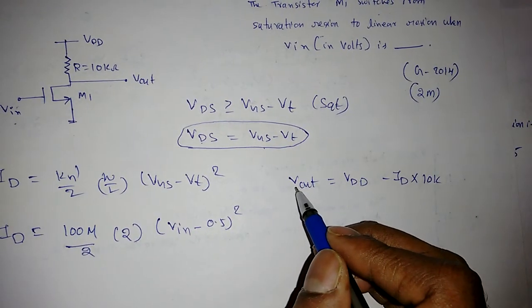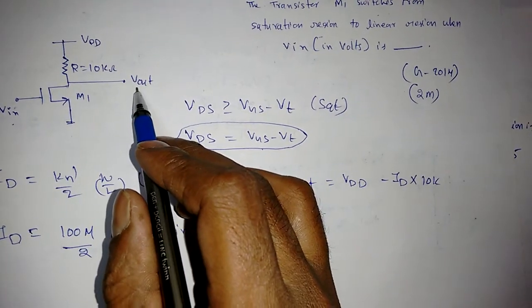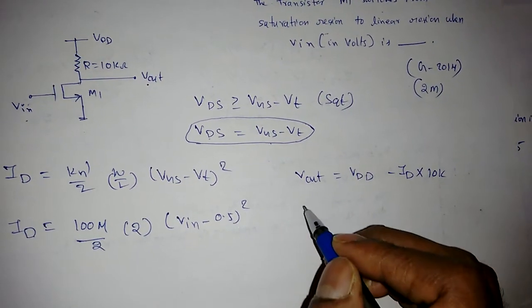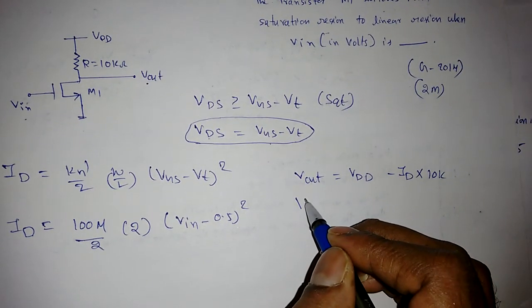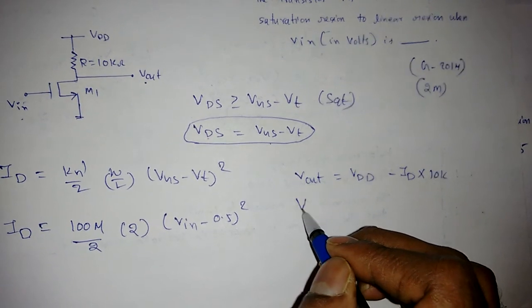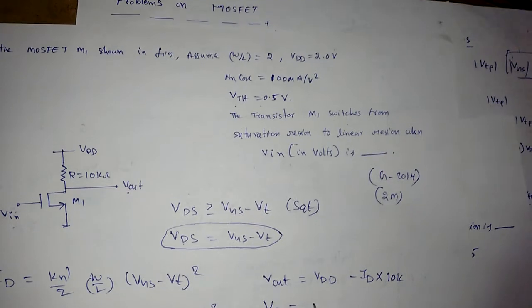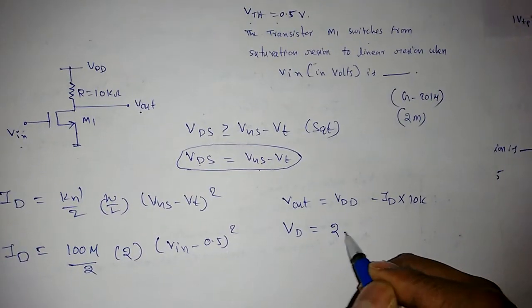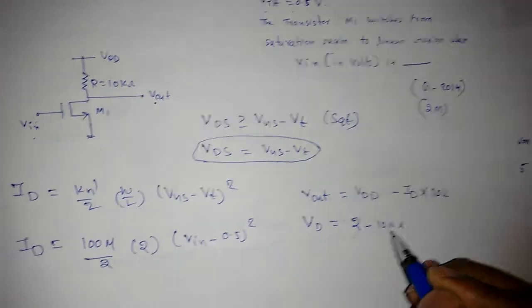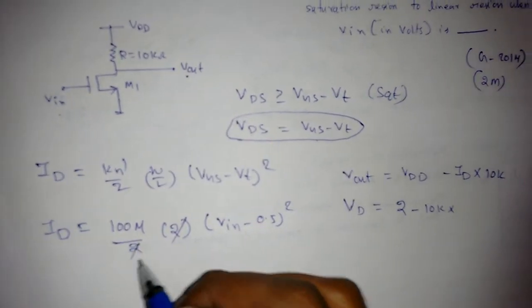Now what is Vout? Vout is equal to Vd, right? And VDD is given as 2 volts. So Vd is 2 minus 10 kilo into ID. ID I can substitute, so the 2 cancels.